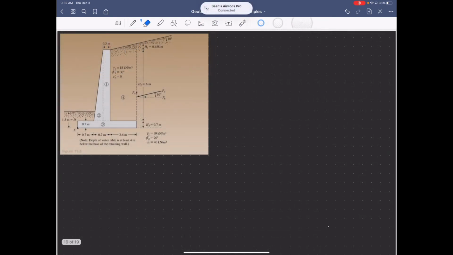Next, we would like to determine the factor of safety against sliding at the base of the toe.